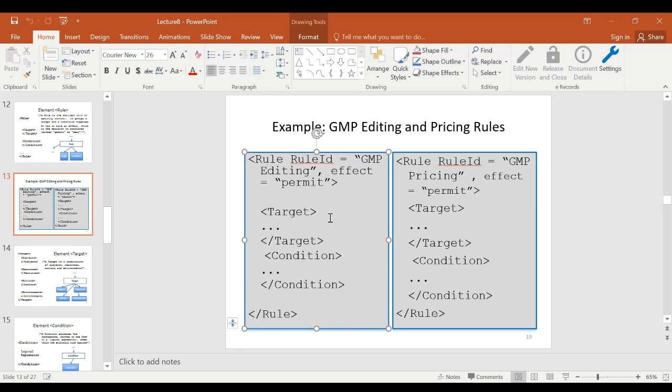If you were to trigger it, it will permit whatever the request was. Also here you have a pricing rule, and if you trigger it, it will permit. You can write these however you like. The actual specification of all of these things will ultimately be down to your security requirements and your security policies in the organization.